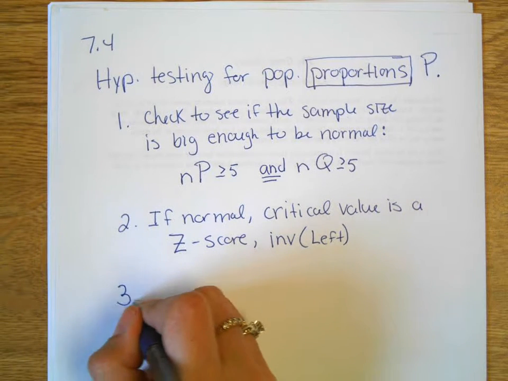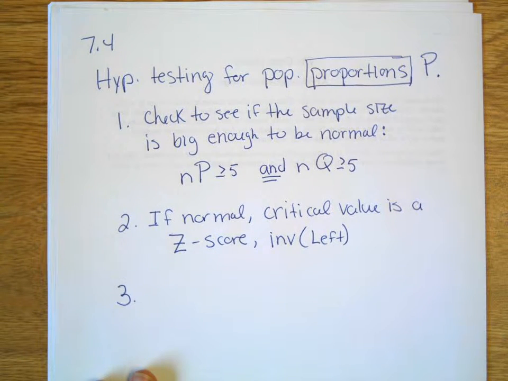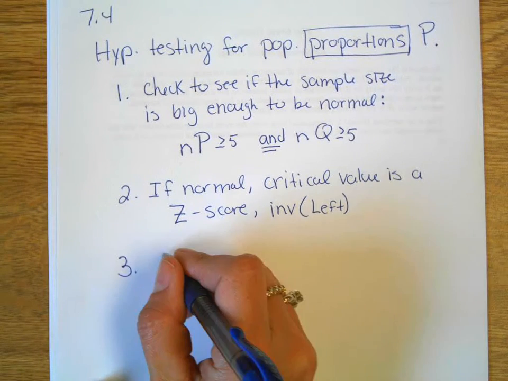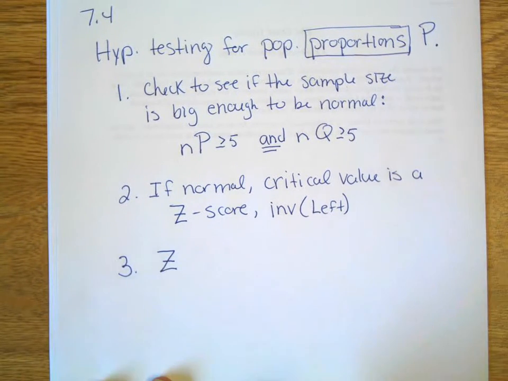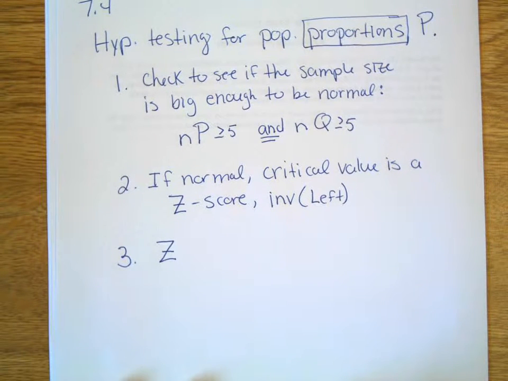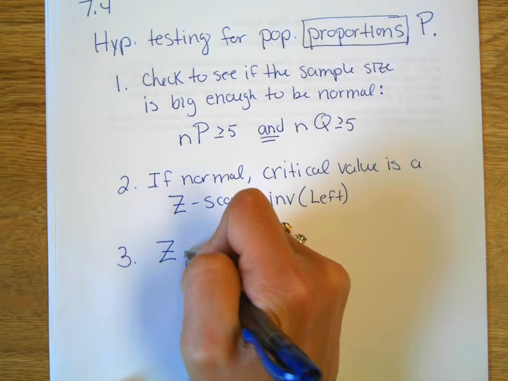Your formula to convert your sample proportion into a z-score is slightly different than the last one. So the z-score, do you remember the symbol for sample proportion from the last chapter? P hat.